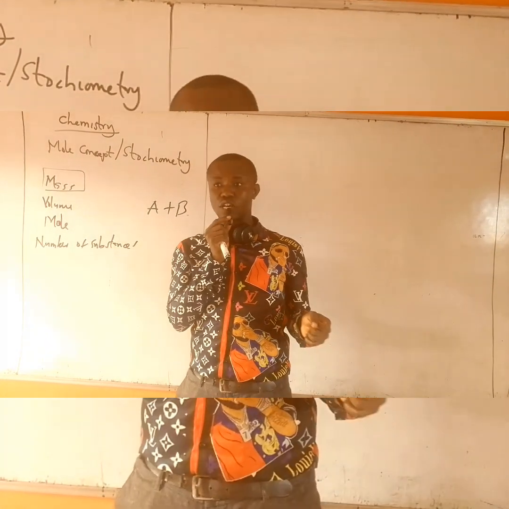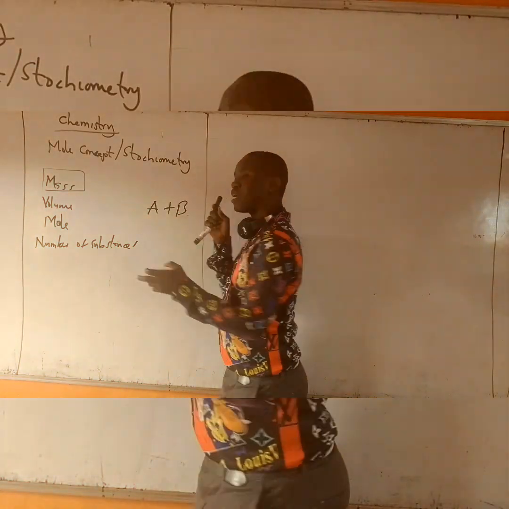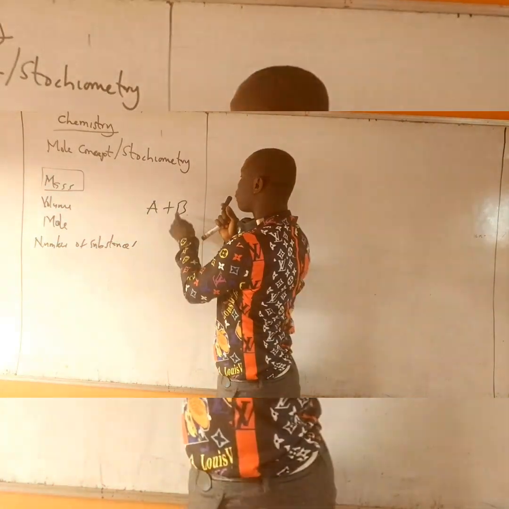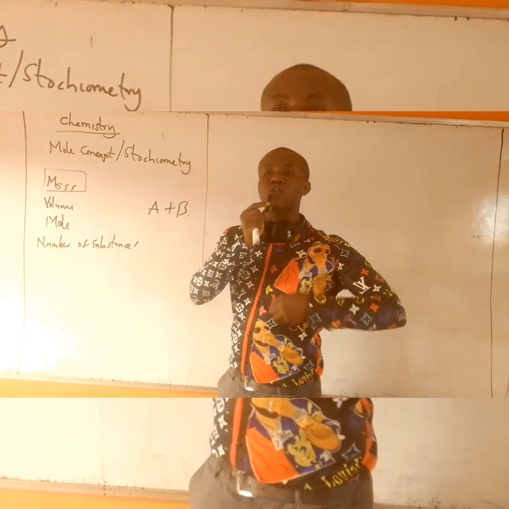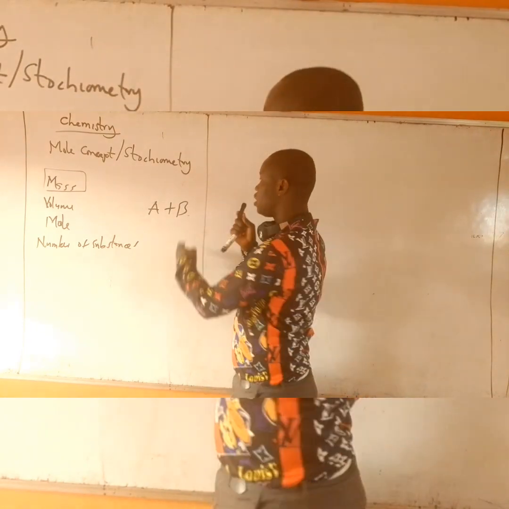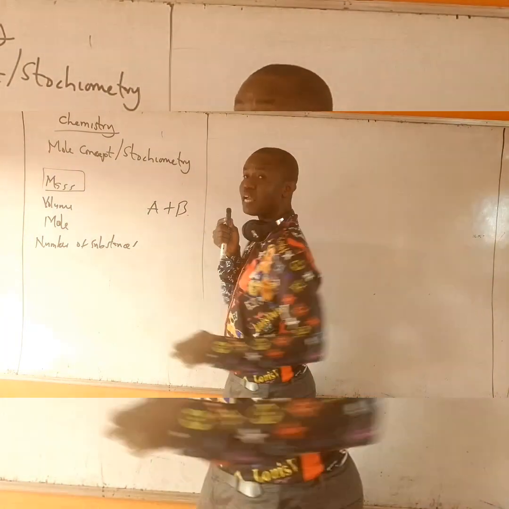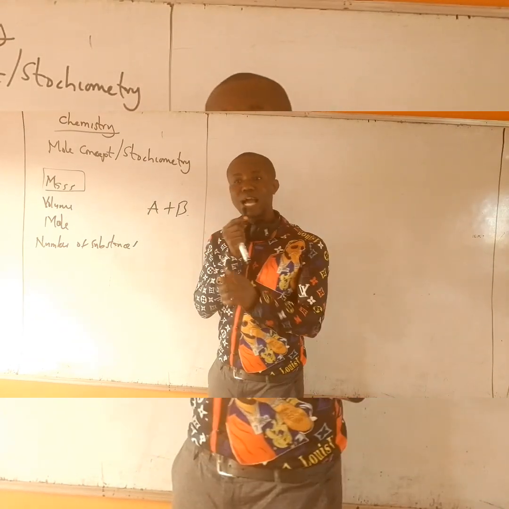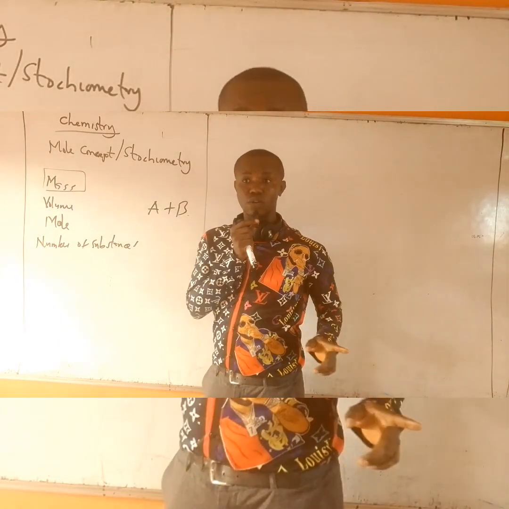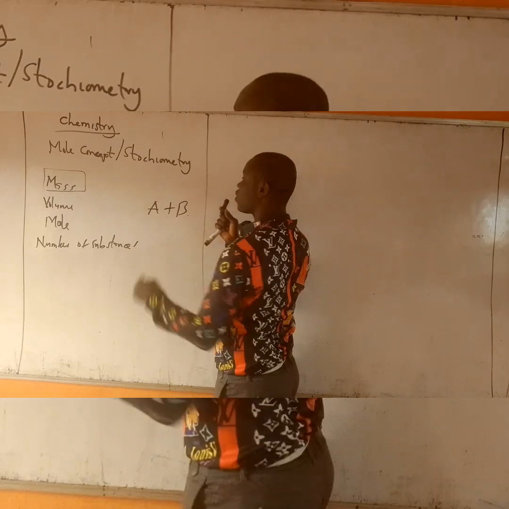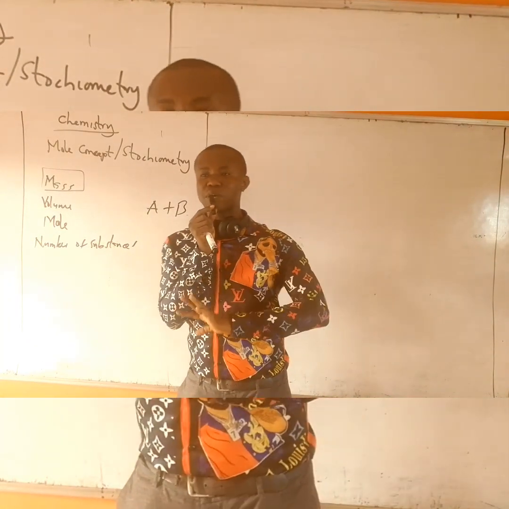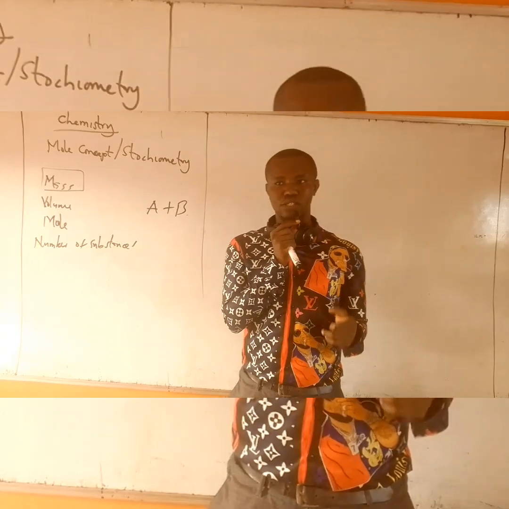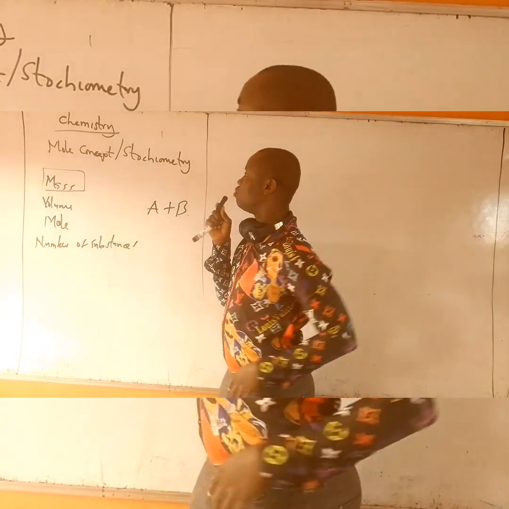Like for example, if A and B are reactants, there's an amount of B that will react with A. So in stoichiometry, we are studying how we can predict the number of substances that will react. If we have 5 grams of A, what mass of B will react with this? Apart from experimentation, we can use calculation to get it. And that's what we do in mole concept.